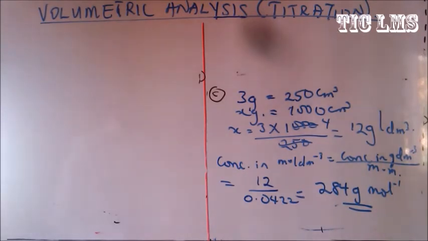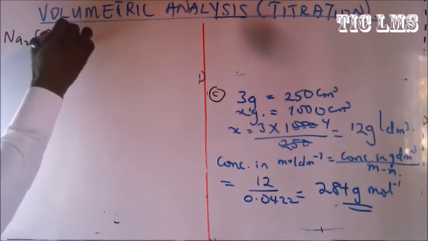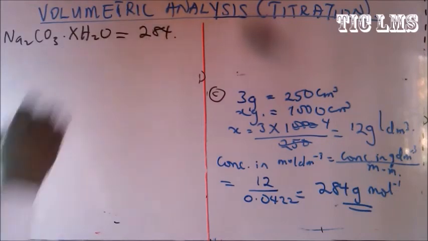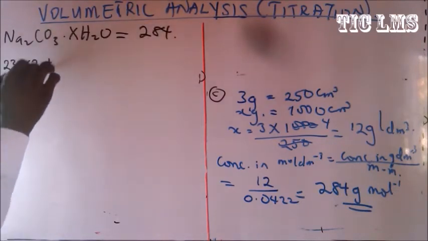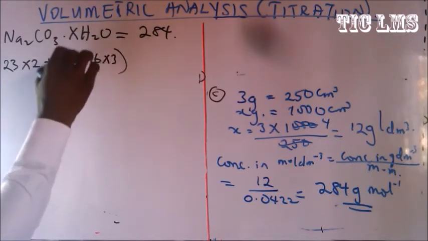So next, we have to calculate the value of X. Now that we know the molar mass, we will say that Na2CO3.XH2O is equal to 284. Sodium is 23 multiplied by 2, plus carbon, which is 12, plus 16 times 3.